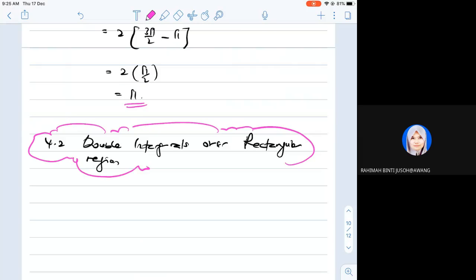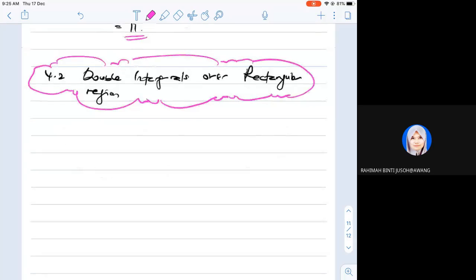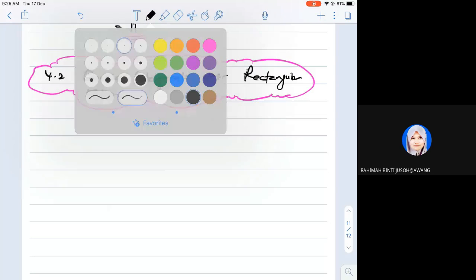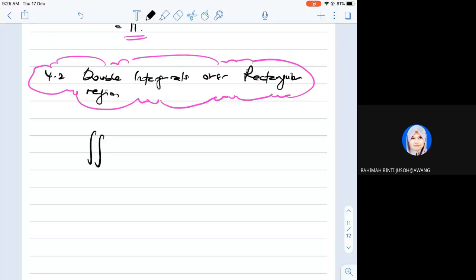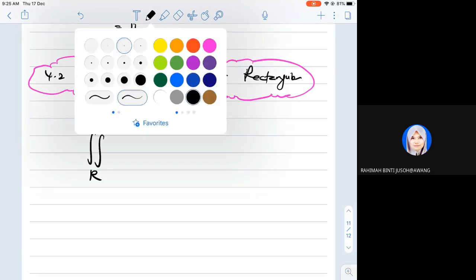I believe you already watched my video on YouTube. So basically, for the double integration, we have a double integral over the region R. R is the rectangular region.